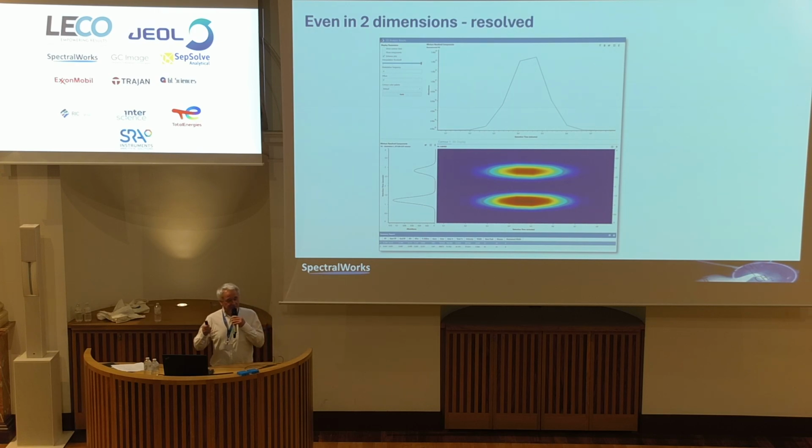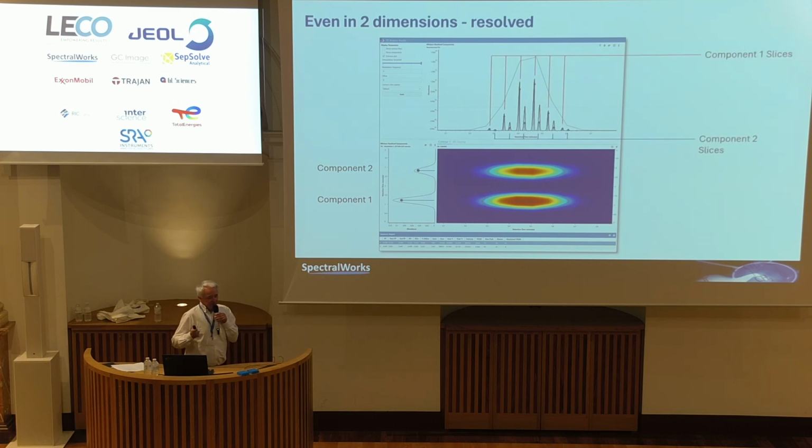Here we can see we've got resolved peaks in 2 dimensions. We've reconstructed the 1-dimension chromatogram at the top. We can get component 1, component 2, and we have the various slices that we get from that component reconstructed into the 1D component.